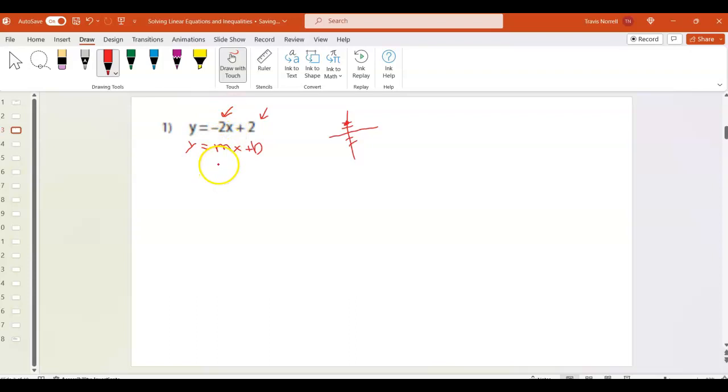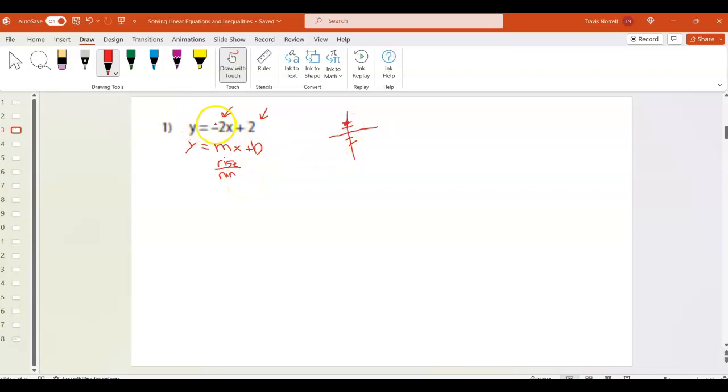Now slope is written as rise over run, which means you're going to go up or down and then right or left.